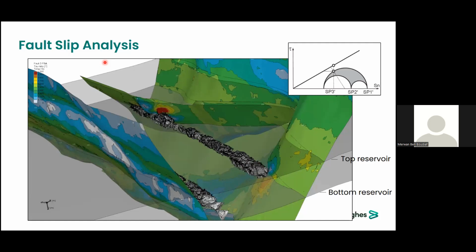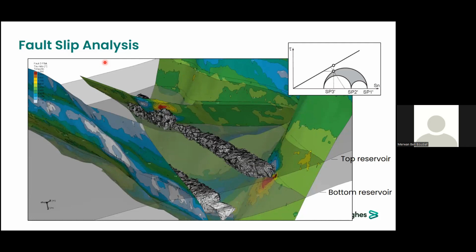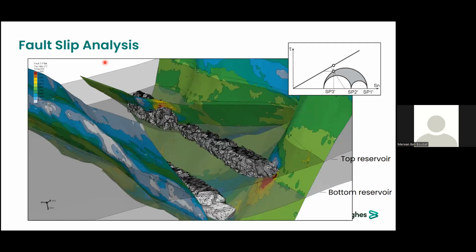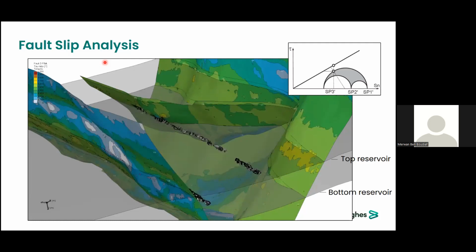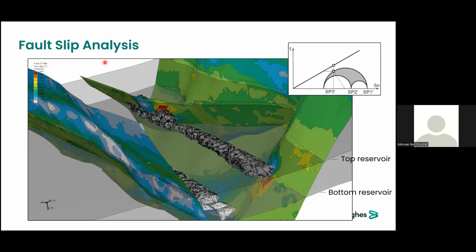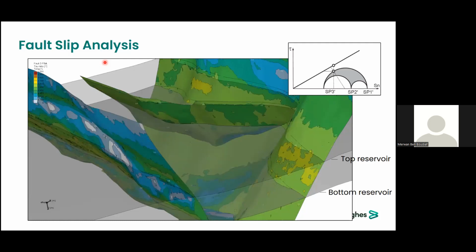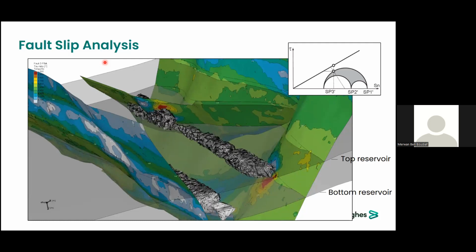This may cause pre-existing faults to reactivate and to slip, which can be very risky for the exploitation in the region. So you can do a time-lapse analysis and identify what are the conditions that will lead to this slippage and how to avoid it.